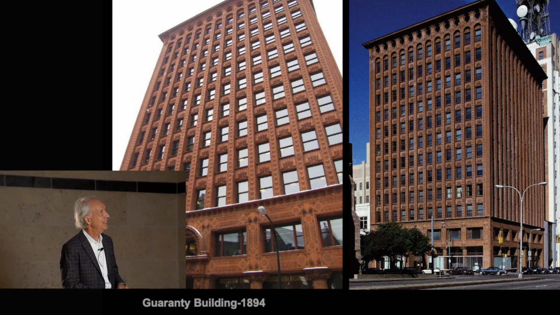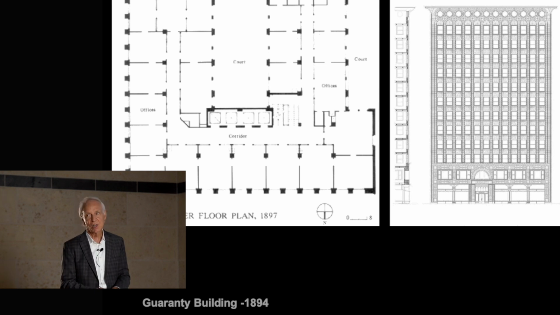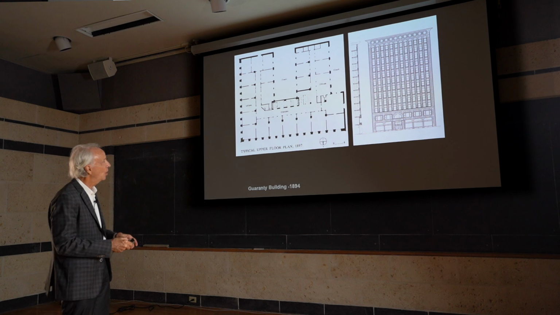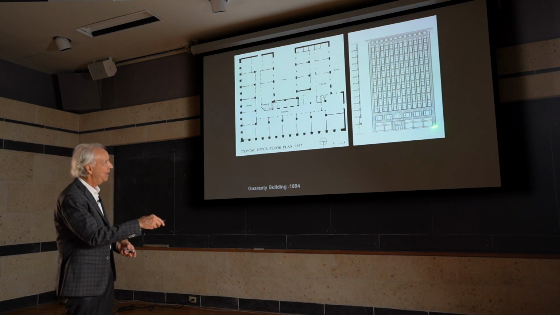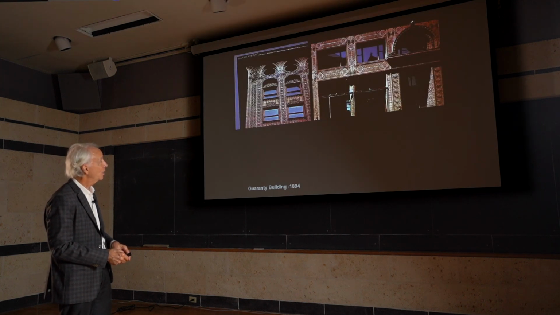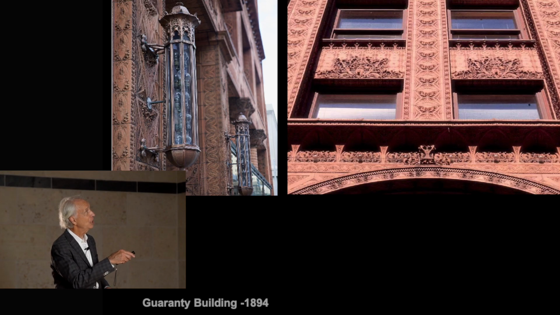And all of that skin is articulated with this very crusty surface of the terracotta. Again, it's a U-shaped building to get light into all of those offices. Again, the base and a midsection that's the repetitive office elements, and the top. And then this really incredible tour de force of terracotta, where he's articulating all of that with either geometry or natural form-based ornament.